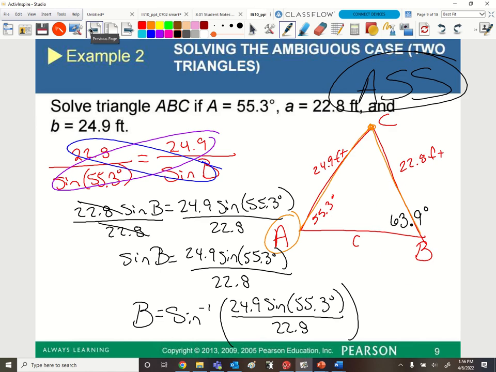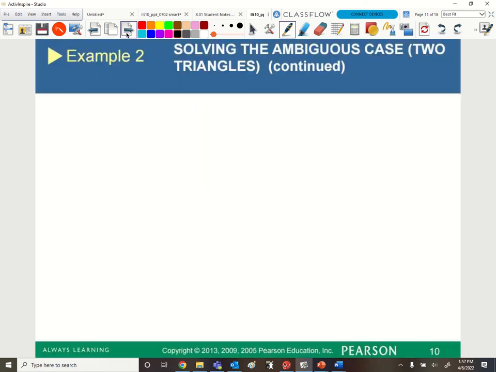Because over here on the first triangle, we have these two values here, right? Okay, so now I'm going to copy this over to the next page, because this has all my work, so we can do it again. So my triangle, this one was 55.3.